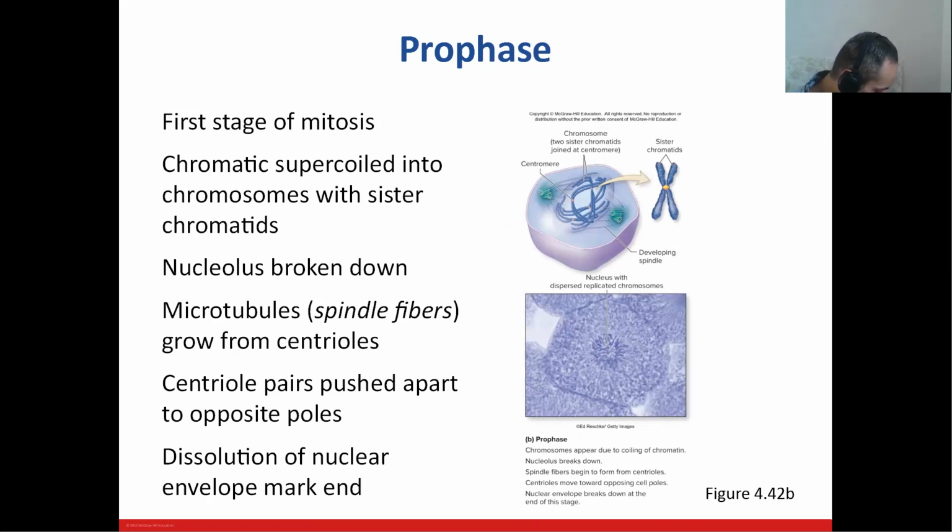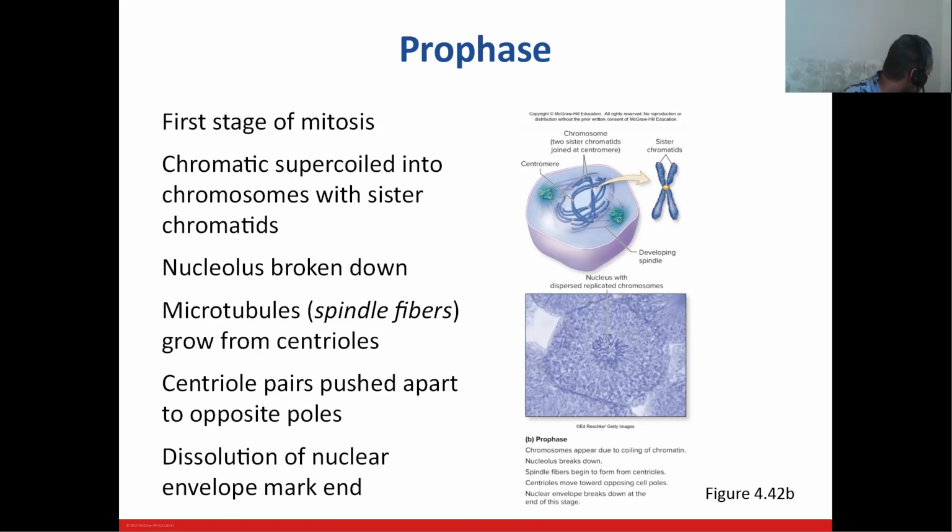It's only preparation for mitosis. Then P is for prophase, M is for metaphase, A is for anaphase, and T is for telophase, okay? So let's quickly see what happens in each of these stages.